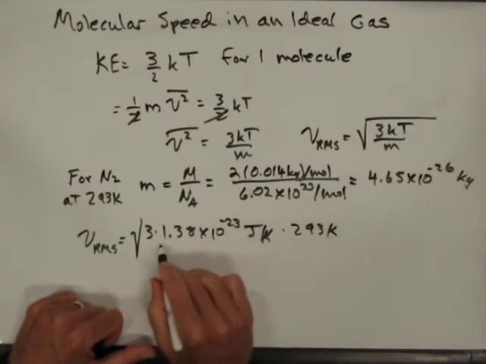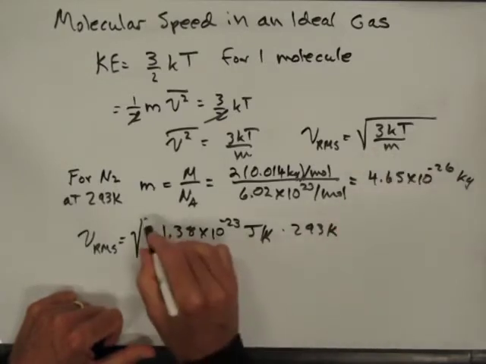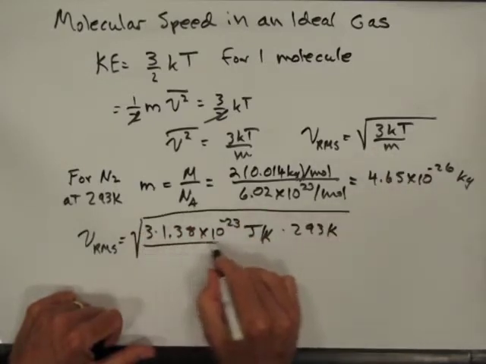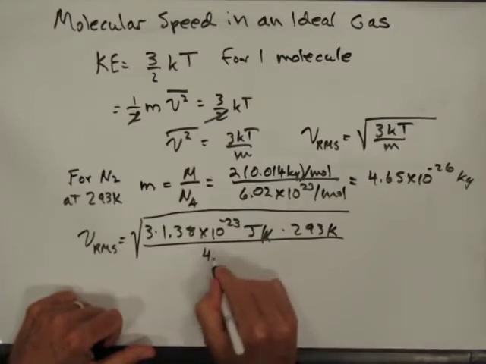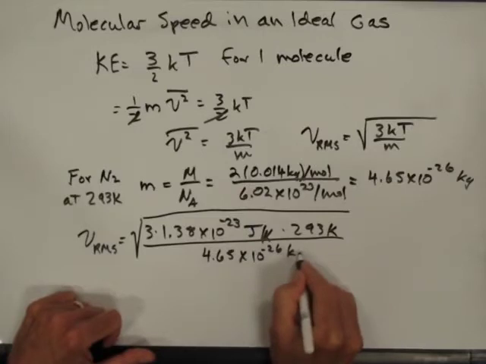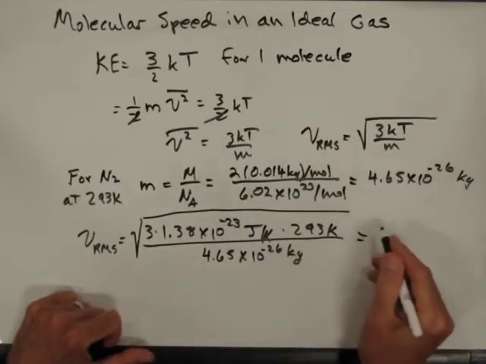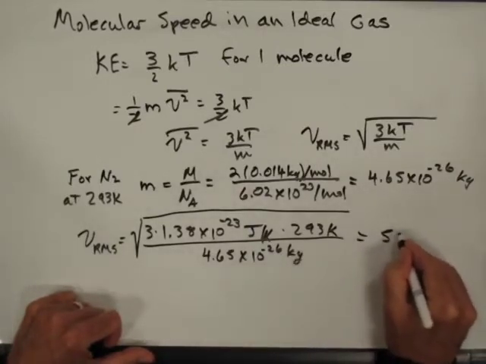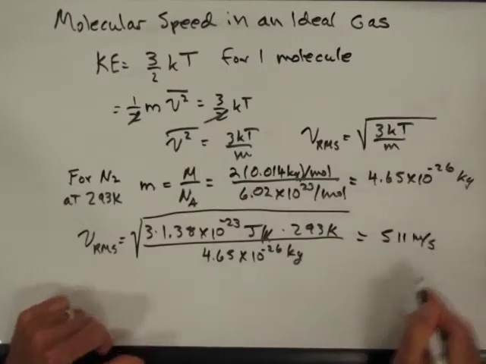So that takes care of the 3, the k, and the T. And I'm going to divide that by the mass, 4.65 times 10 to the minus 26 kilograms. And what I get for that is about 511 meters per second.